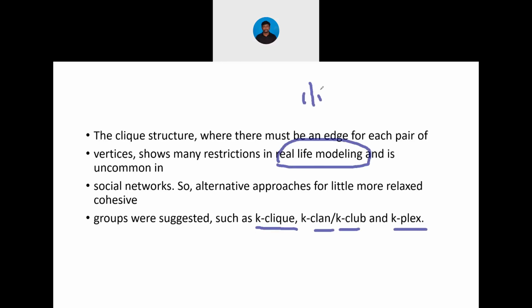What I said, the definition of our clique? A clique is nothing but a complete graph. What does it mean by complete graph? Each and every node in the particular subgraph communicates with each other. It is not really possible in real life modeling. We couldn't reach each and every node in the real life modeling of a social network, and hence I am going for k-clique, k-clan, k-club, and k-plex.